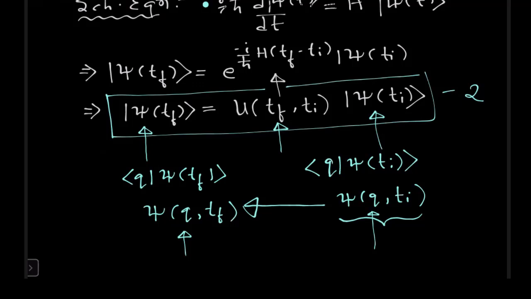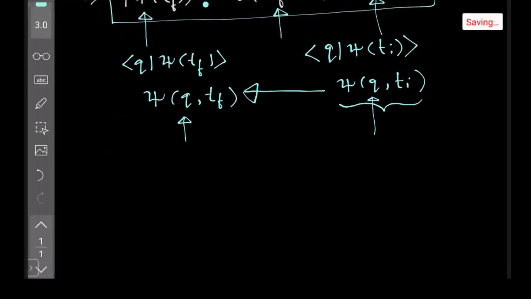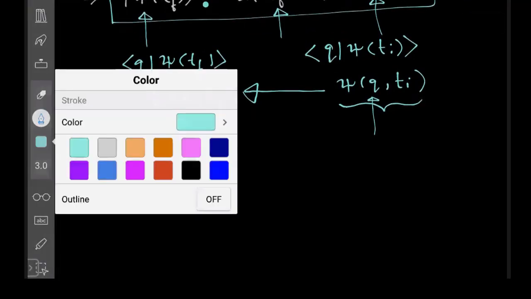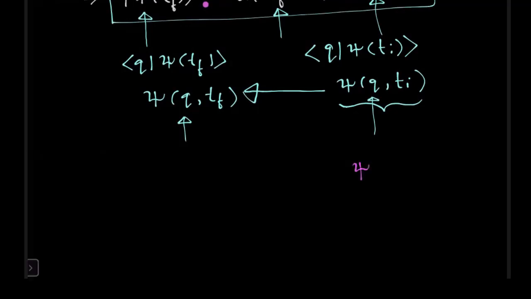But I want to consider a different situation. Is it possible that I have a quantum particle whose wave function at some position qi and some time ti is known, and then the quantum particle not only evolves in time, but it so happens that it starts moving in space?